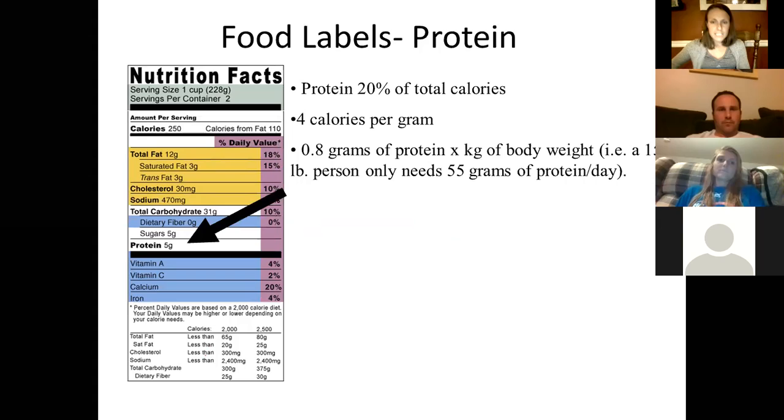I want you to quickly convert your pounds into kilograms by dividing your pounds by 2.2, and then multiplying by 0.8, and that's going to give you your total protein needs for the day. Take a minute to do that. Divide your body weight by 2.2, and then multiply by 0.8, and that gives you your grams of protein.